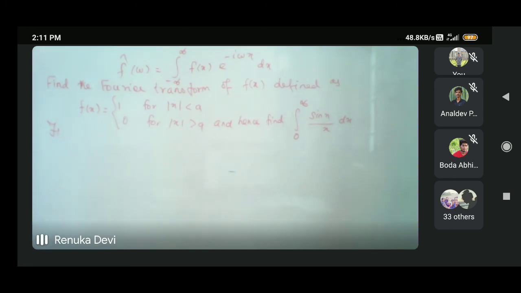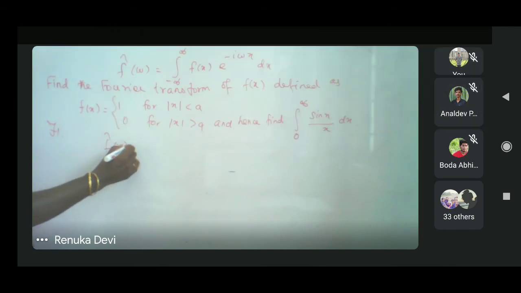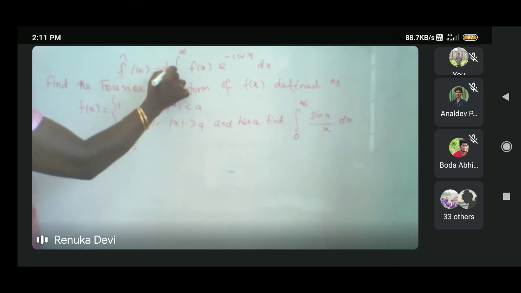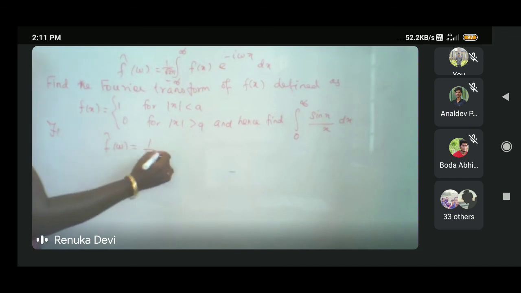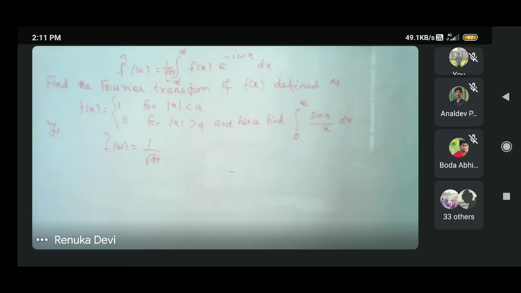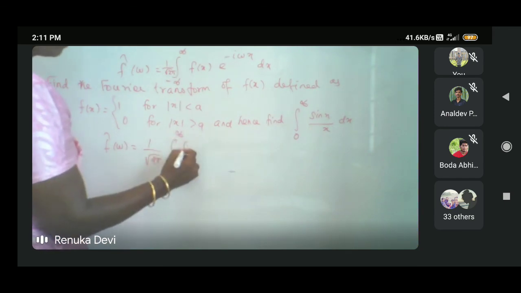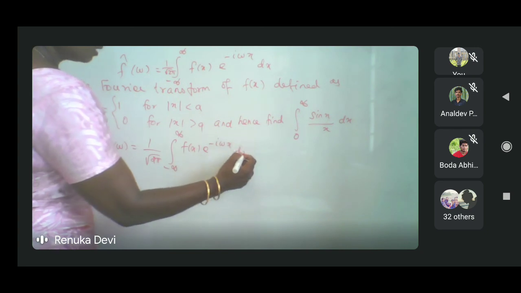F cap of w is equal to 1 by root 2 pi, integral from minus infinity to infinity of f of x e power minus i w x dx.